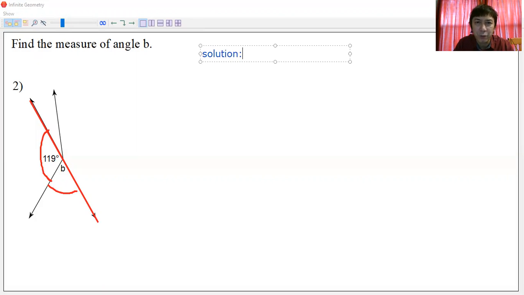For our solution, we're going to have the equation B added to the 119 should be equal to 180. This is our working equation, and we're going to solve this. Let us subtract 119 from both sides. So this will be equals 180 and also minus 119, like that.